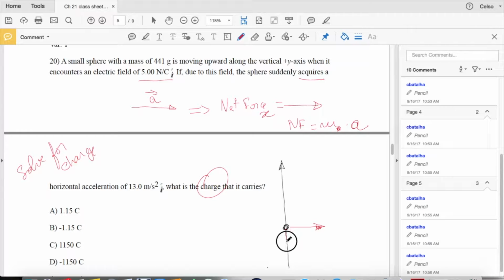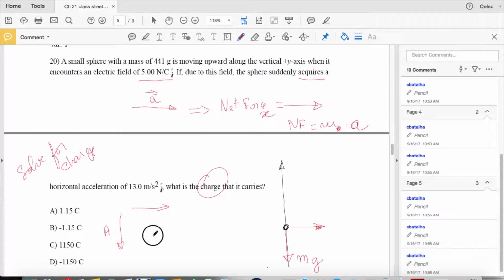Now, gravity pulls this sphere downward in a vertical direction. So the electric field has to be what? We want to sum two forces. We have a vector A downward, and we have a resultant vector to the right.